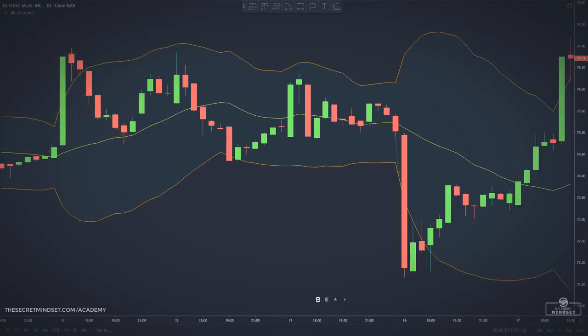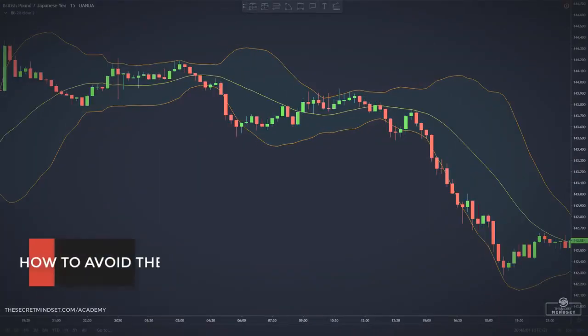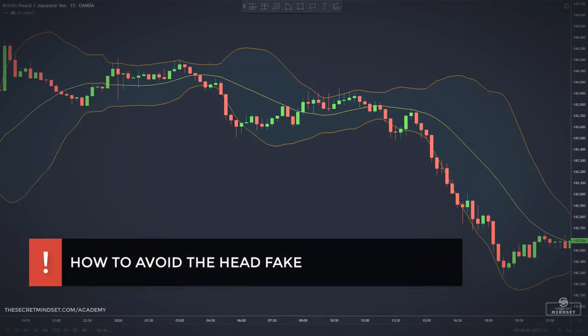A bearish head fake starts when Bollinger Bands contract and prices break below the lower band. This bearish signal doesn't last long also because prices quickly move back above the lower Bollinger Band and proceed to break the upper band. The key here is simple price action and paying attention to swing highs and lows.